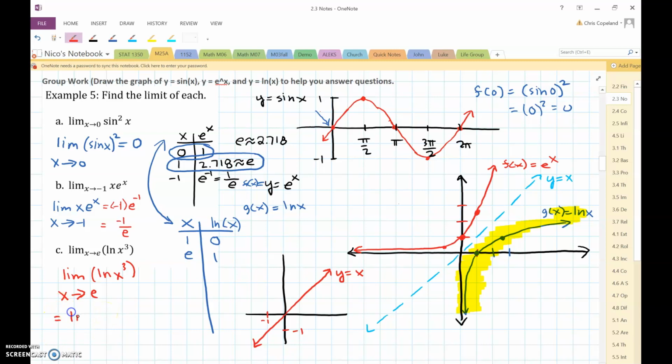Let's rewrite this as the limit of 3 natural log x as x approaches e. That's a property of exponents. And now let's try direct substitution. Let's do g of e equals the natural log of e, which would be 1. So if I take this e and plug it in for this x, this whole thing would become 1. 1 times 3 is 3.